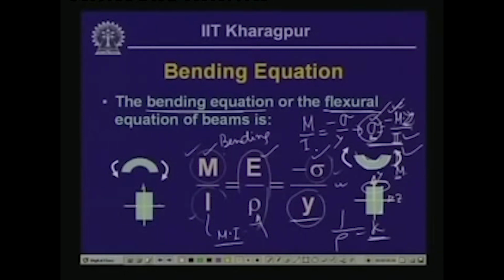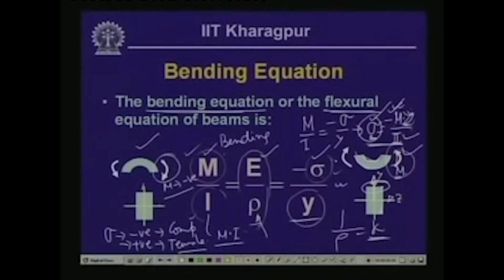So, when we get sigma as negative, we call that compressive stress, and when sigma is positive, we call that tensile stress. This can be verified for this configuration, where the moment is negative, M is negative, because it is in the opposite direction to what we have assumed as positive. Now, since M is negative and y is positive over here, sigma becomes positive, and according to our convention, when sigma is positive, it is tensile.